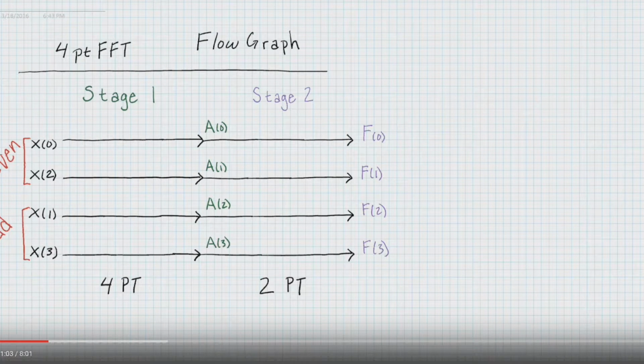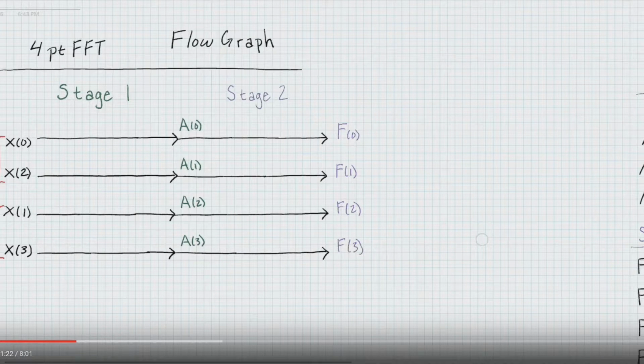And those inputs will give us our outputs at stage 1, our A0 to A3. And those act as our inputs for stage 2, which are our endpoint f of 0 to f of 3. So I'll go ahead and clear those out at the bottom so you don't see them later on in the video and keep thinking that we're doing it wrong.